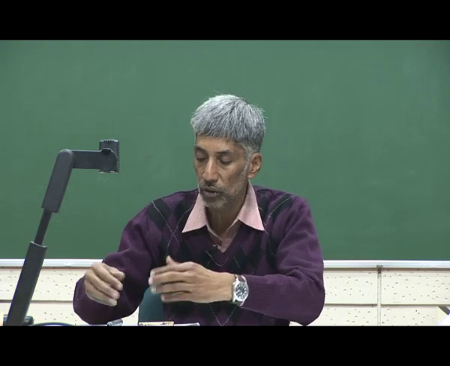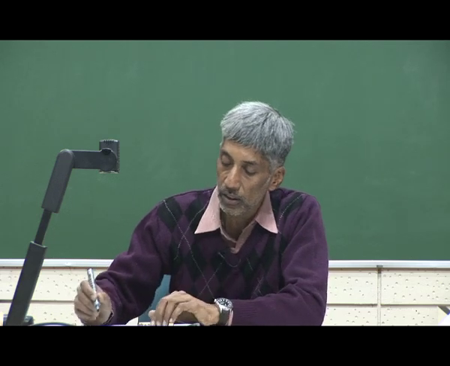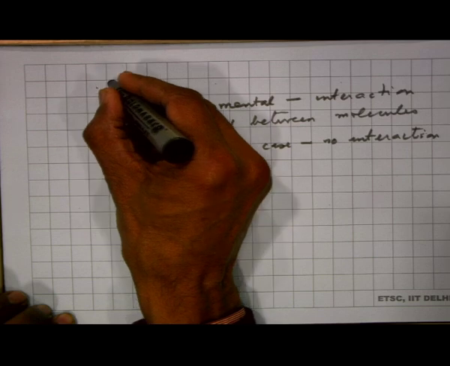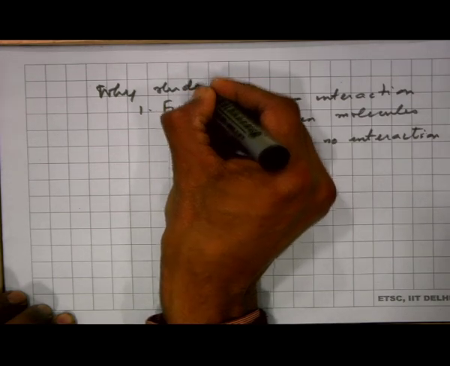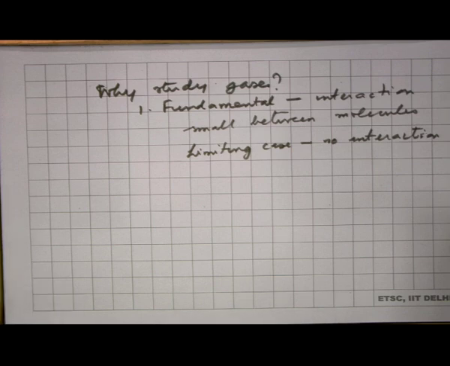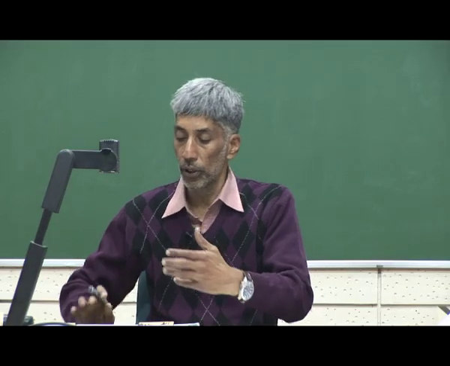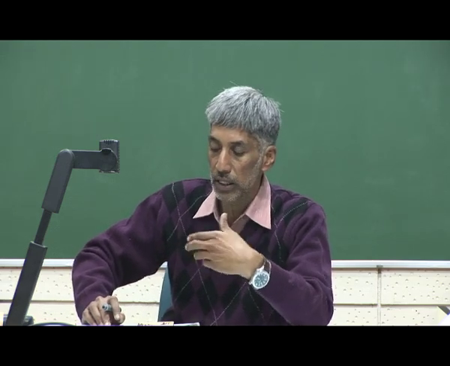If we can understand some of the properties there, then this is an advantage. So, this is one reason for motivation for study. Why study gases? One fundamental reason is that there are no interactions, and when there are no interactions between particles, it is obviously easier to study them.